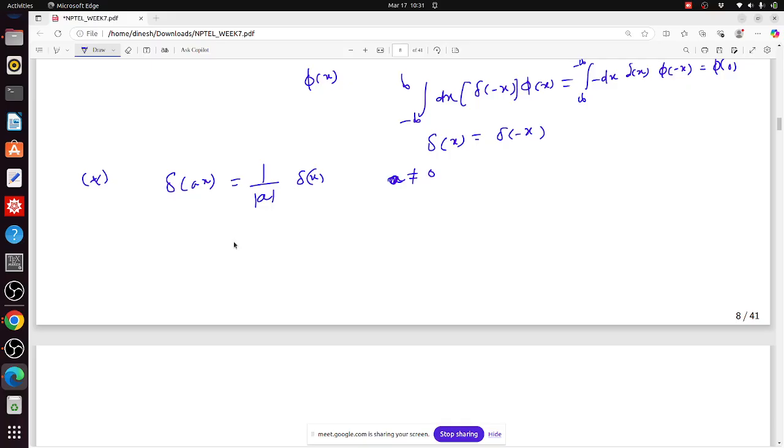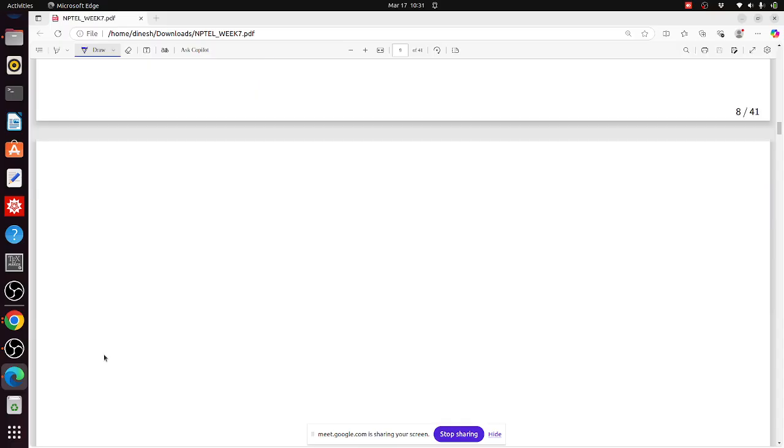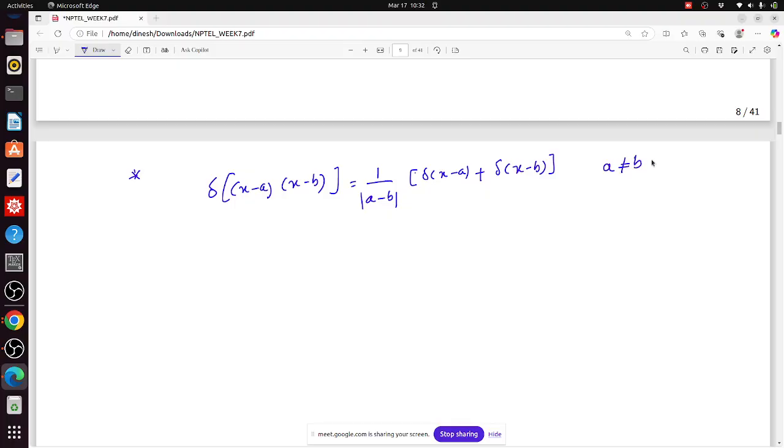And the next property is, let's say, delta of (x minus a)(x minus b) is equal to 1 by mod (a minus b) times delta(x minus a) plus delta(x minus b), where a is not equal to b.